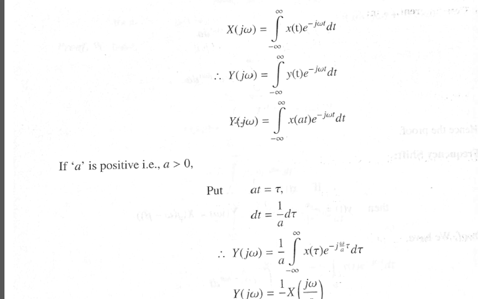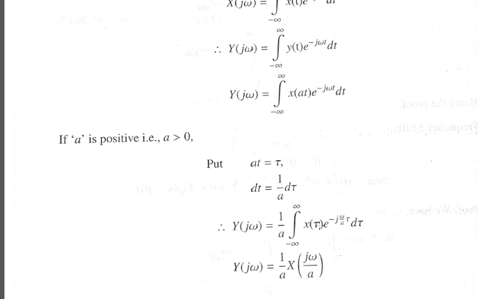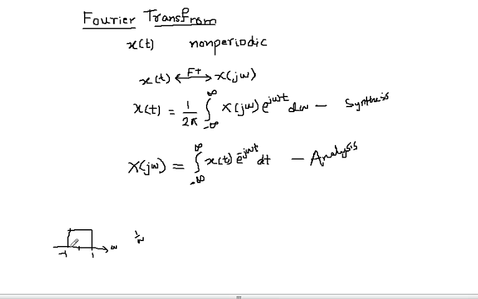Now when we write this y of j omega equation, it becomes x of tau e raised to minus j omega. Then we know after scaling the signal, the e raised to minus j omega term will turn as follows, because if we have the signal in this way and it is scaled, then the new signal would be either the compressed or expanded version depending upon the value of a.